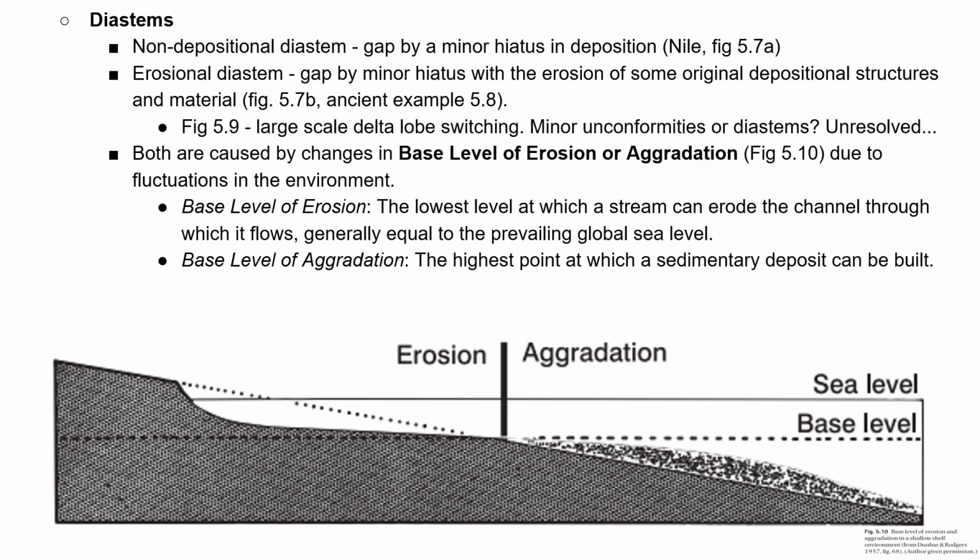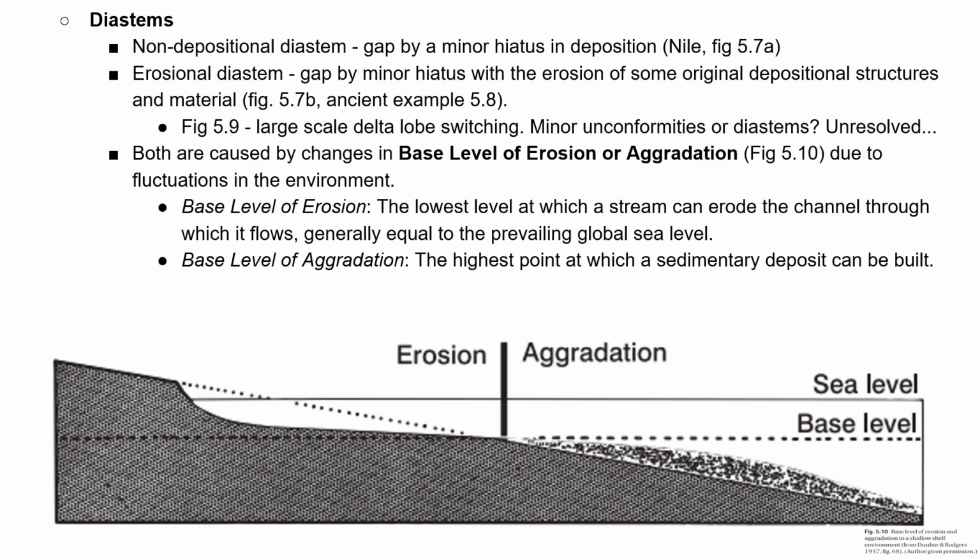Base level of aggradation is the highest point at which that sediment can be deposited and built up somewhere else. Okay, so notice where sea level is and notice where base level is. Our base level of either aggradation or erosion are kind of at that same base level.